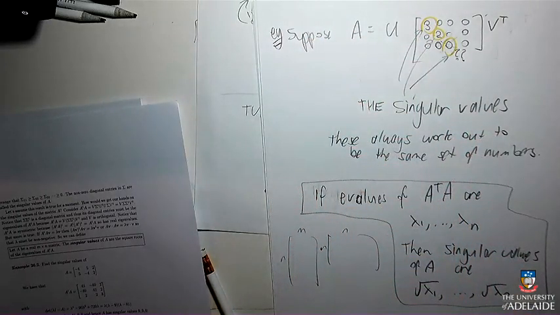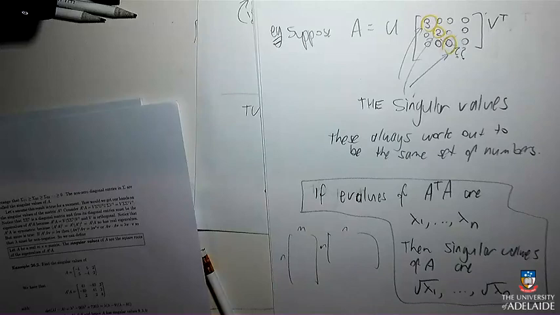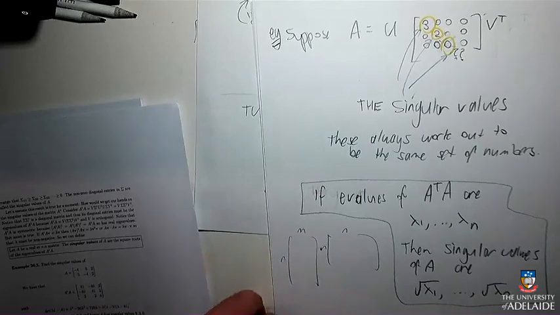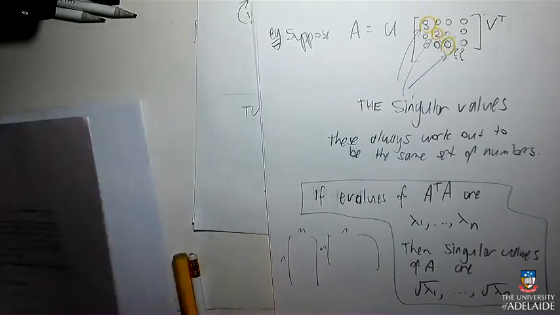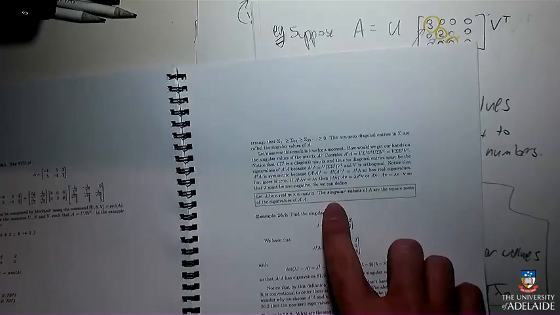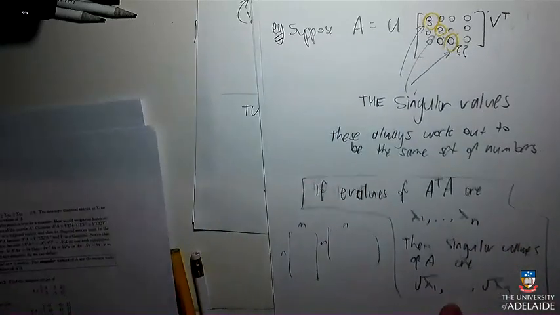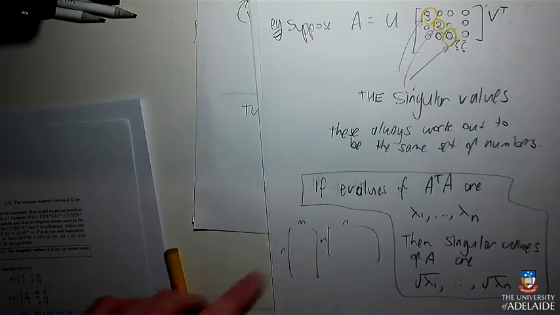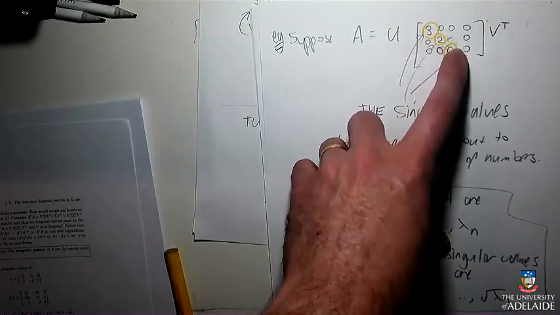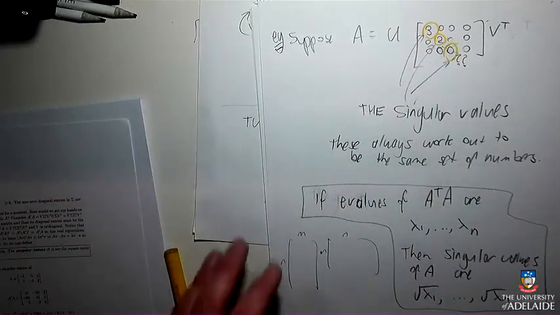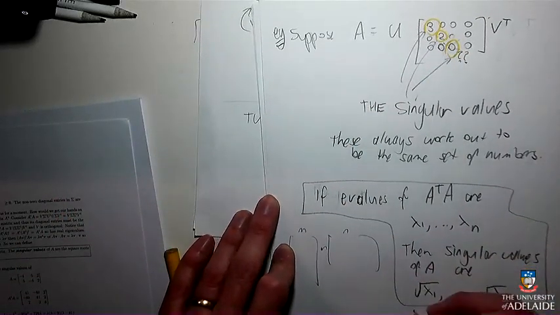So one of them is going to have to be ignored. And so they can't be all of these. I reckon they must be the non-zero ones, the singular values. Your lecturer has actually defined the singular values to be these numbers. So I think the singular values are not these numbers. The singular values are actually these numbers.